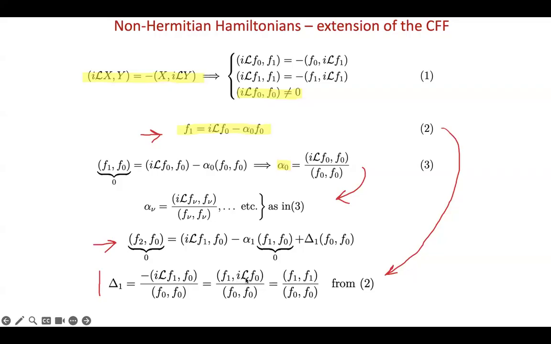So IL F0 on the right side of the scalar product, in spite of F1 having this structure, becomes F1, F1, because the other term becomes 0. You see, F1 comma F1 is IL F0 comma F1, alpha 0 F0 comma F1, scalar product. F0 F1 is 0 by definition. So therefore your delta 1 definition in a backhanded way is still the same as before.